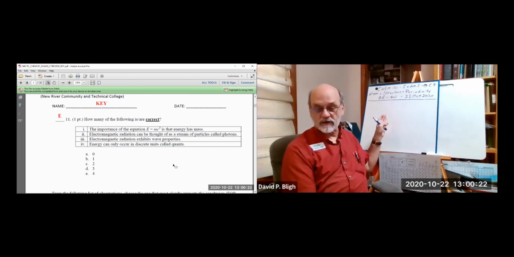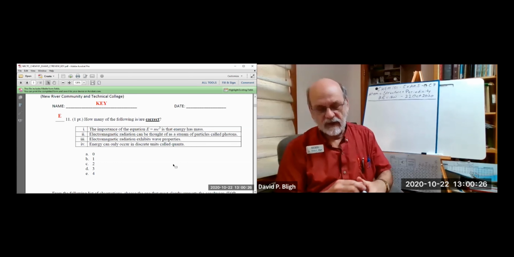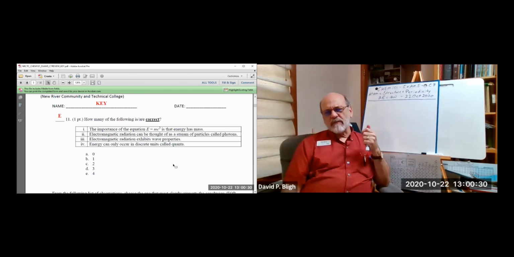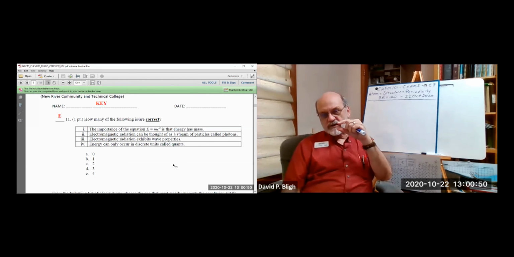Energy can only occur in discrete units called quanta, and that statement probably should be modified a bit. Energy can only occur in discrete units called quanta when interacting with matter, because the transition of one electron to the next level requires a specific amount of energy.